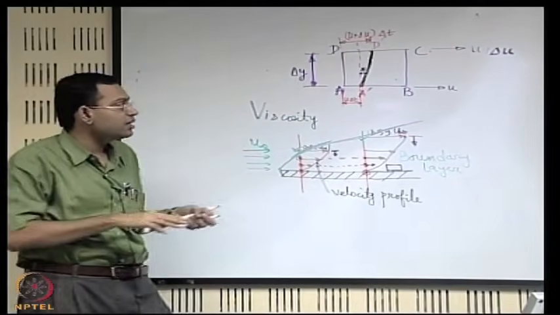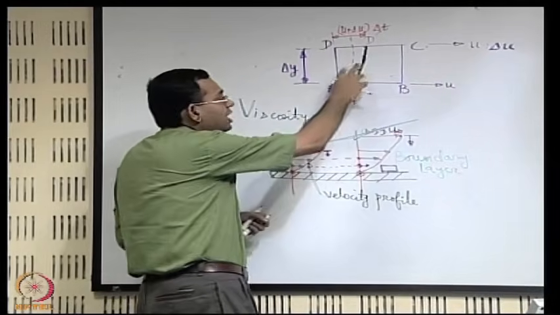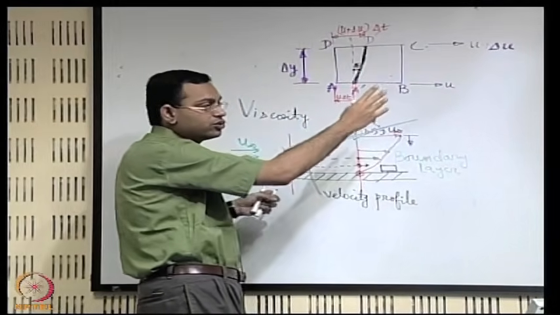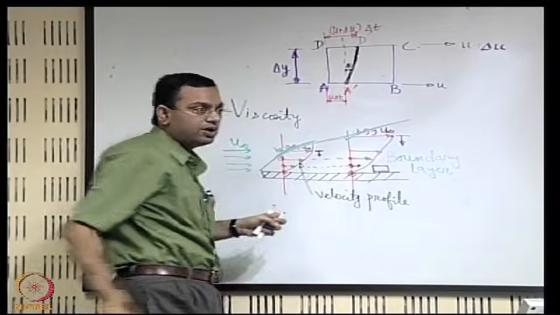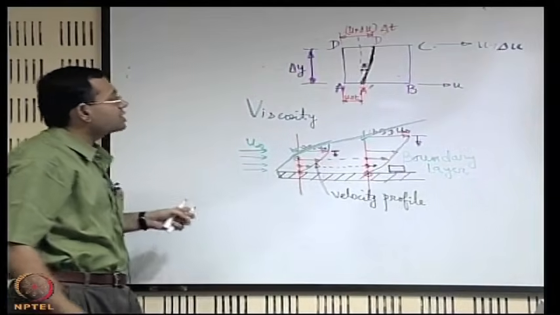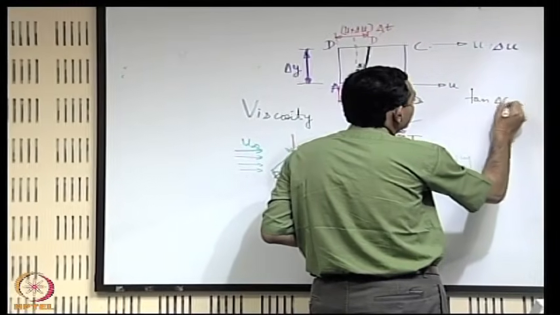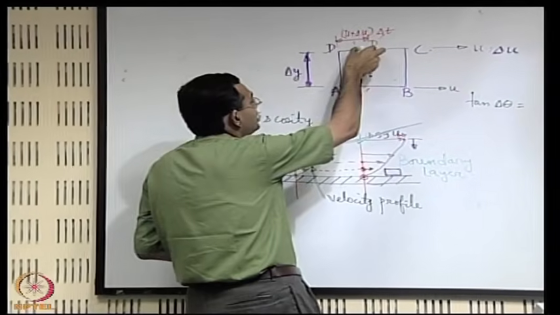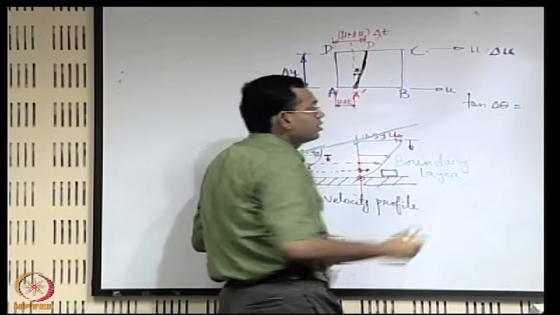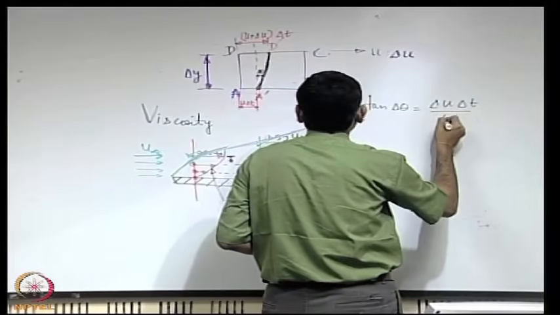So when the fluid is under shear and it is continuously deforming, the more time you allow, the more and more this angle will be. So we restrict to a small time interval when this was very small, and this can be quantified as tan of delta theta is equal to what? This net displacement here is delta u into delta t divided by delta y.